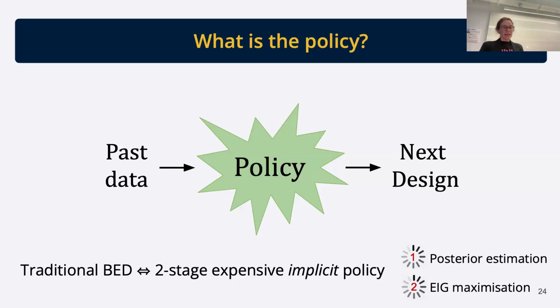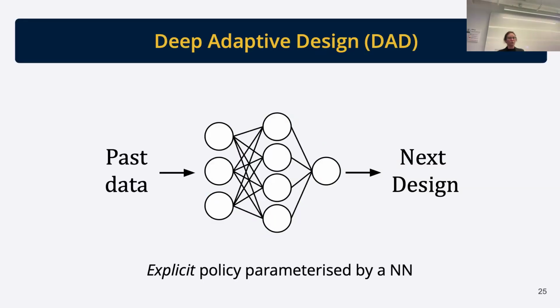Now, instead of this expensive implicit policy, we're going to parameterize an explicit policy with a neural network, and we're going to use our simulated data to train this neural network.